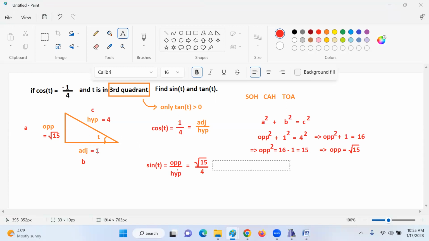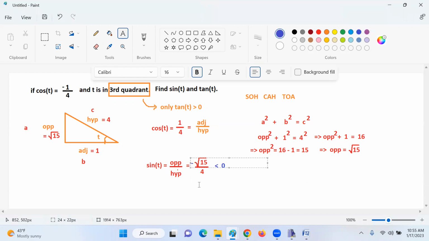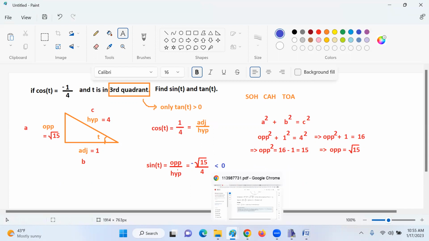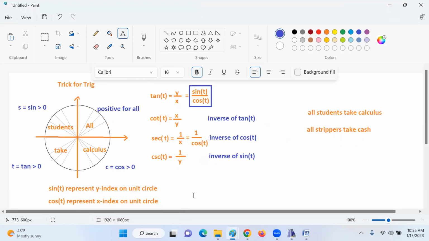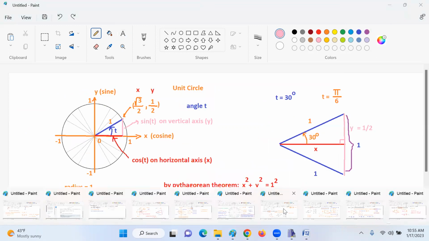Yeah, it's the tangent. That's correct. The opposite over adjacent is going to be the tangent. Remember, on the third quadrant, only tangent is positive, right? You forgot the rule.